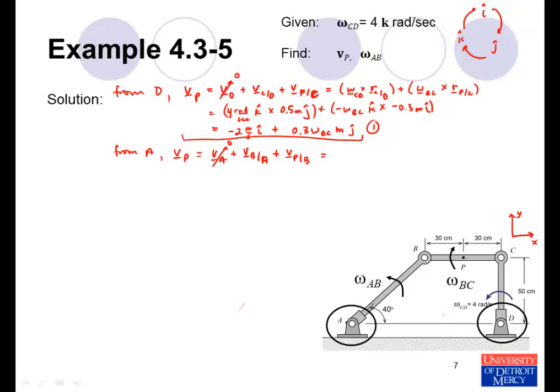B is moving in a circle about A. So it's equal to the angular velocity of that bar, omega AB, crossed with the position of B relative to A. Then we add, so this is the expression of the velocity of B relative to A. We do the same thing for P relative to B, where again we consider P moving in a circle about B. We again use our angular velocity, omega BC, crossed with the position vector.